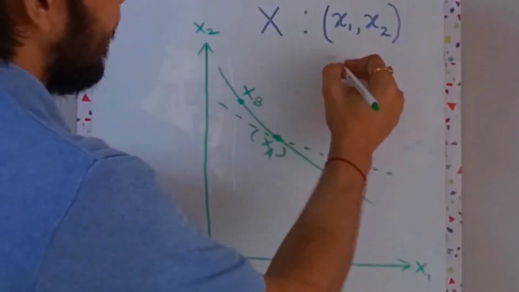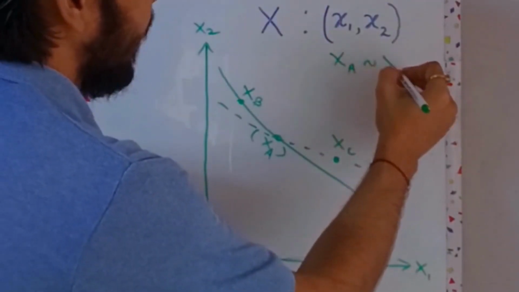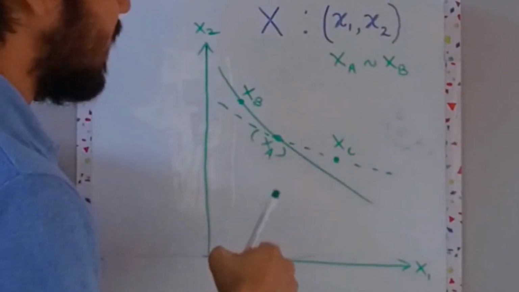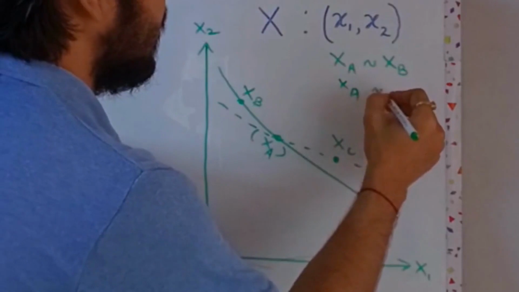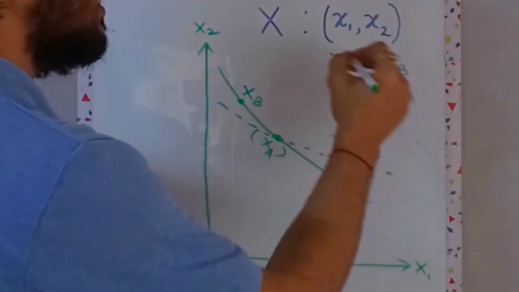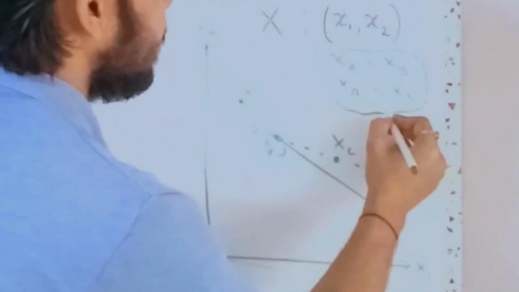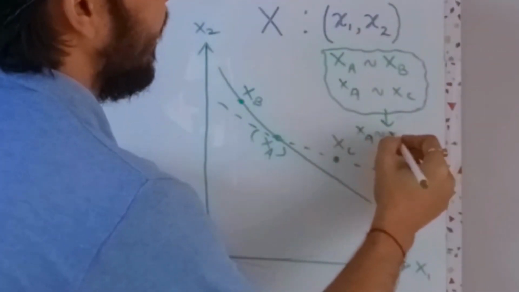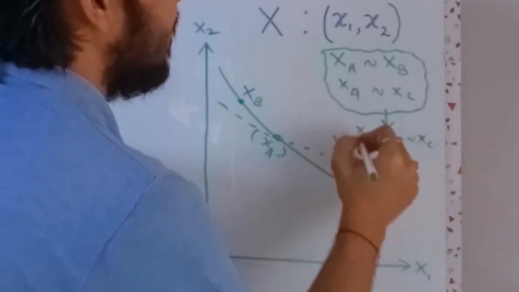First of all you will say that XA is indifferent to XB, and you will also say that XA is indifferent to XC. Now if I combine both of these, you will get XA is indifferent to XB is indifferent to XC.